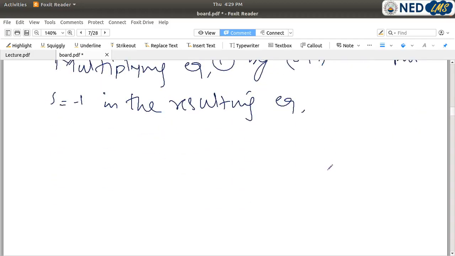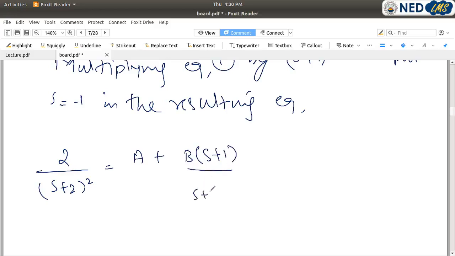So equation 1 will become 2 over s plus 2 whole square is equal to A plus B into s plus 1 over s plus 2 whole square plus C into s plus 1 into s plus 2.